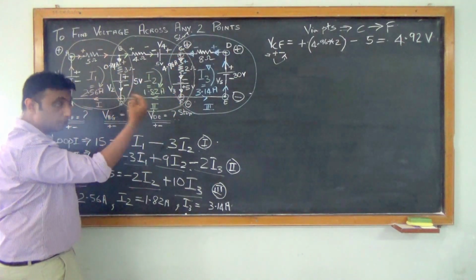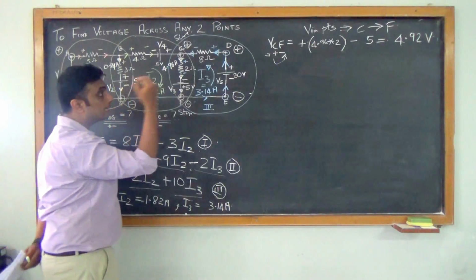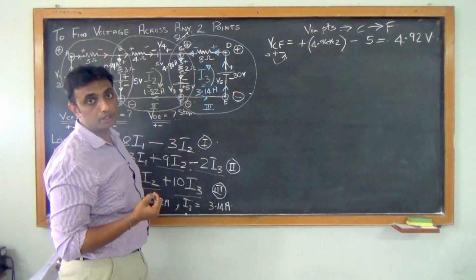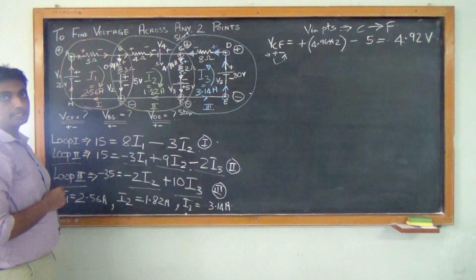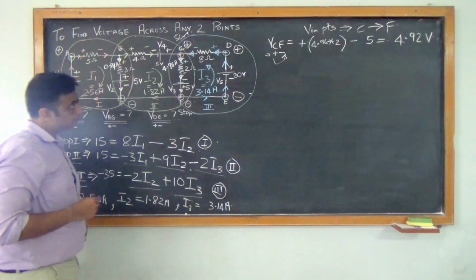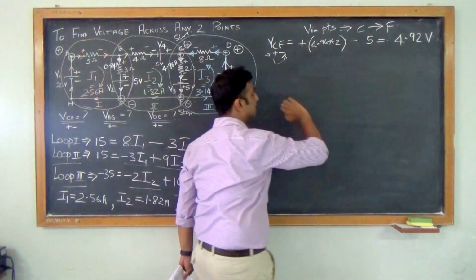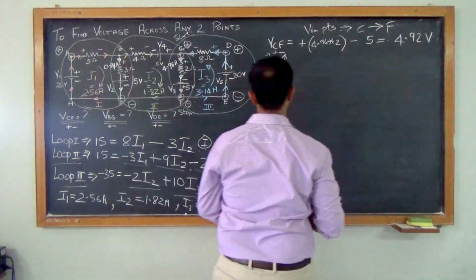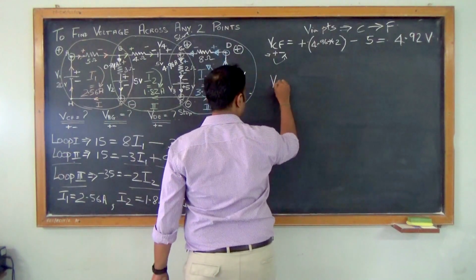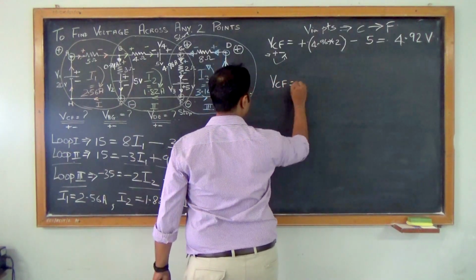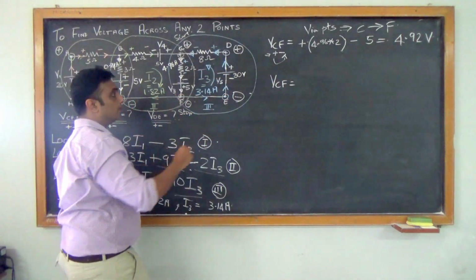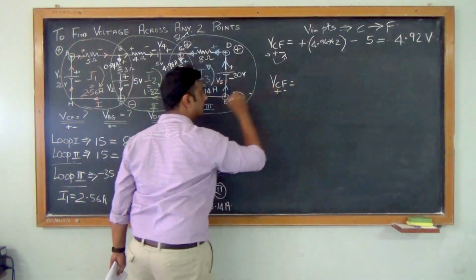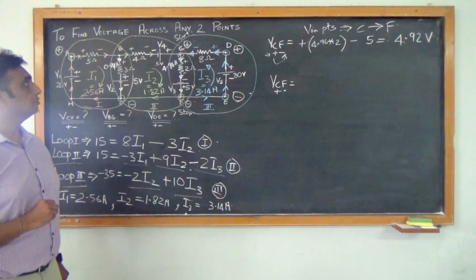So we will just prove whether we will get the same value or not, to check the consistency of this theory. So although you got the value of VCF, which is 4.92, we will go for the second method, or the second loop. Now when we go for the second loop, we should also get the same value.